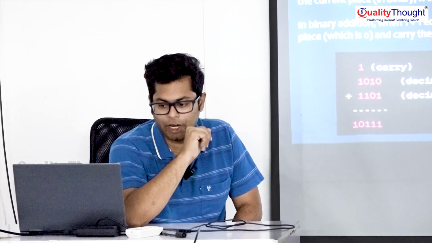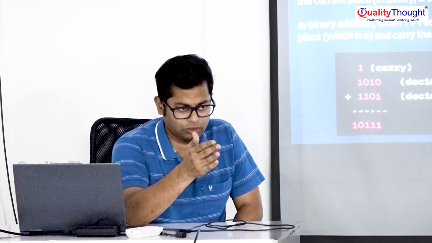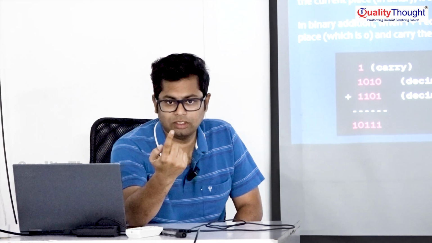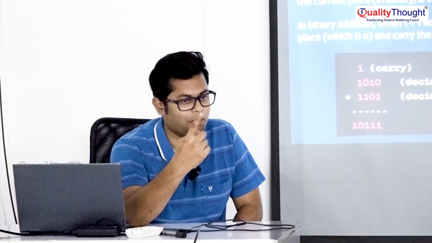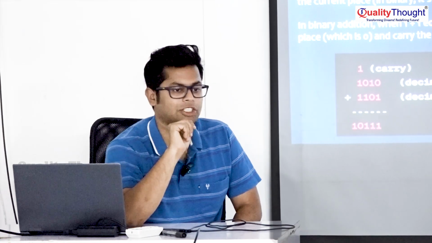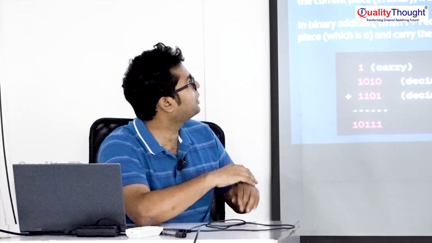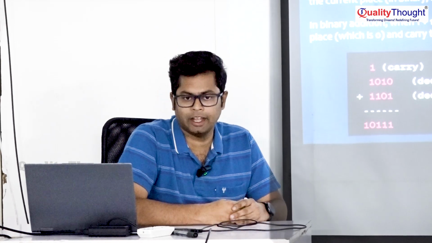What are the rules of binary addition? 0 plus 0 is 0, 0 plus 1 is 1, 1 plus 0 is 1, and 1 plus 1 is 0 and then carry of 1. That is what you guys need to understand. Is that clear to everyone? This is a very simple operation, correct? Am I right or wrong? The simplest operation in the binary number system.